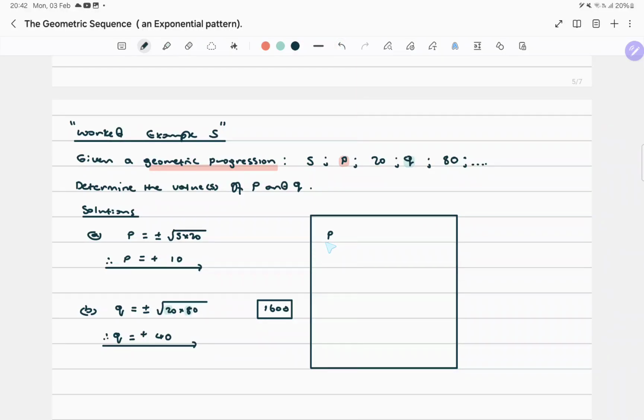We know that p over 5 is the same as 20 over p, because each is equal to r, isn't it? Yes, when we cross multiply here, what do we get? P squared is 5 times 20. And so it makes sense to say p is the square root of 5 times 20. Right. That's exactly how I know.